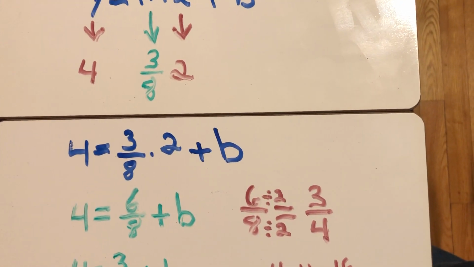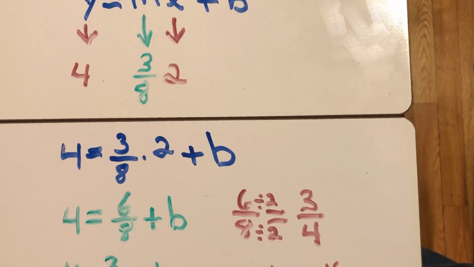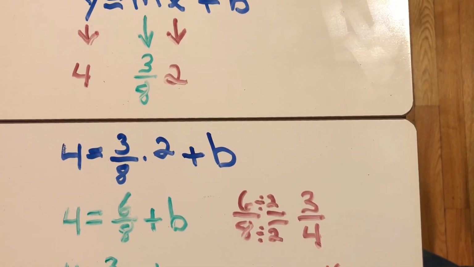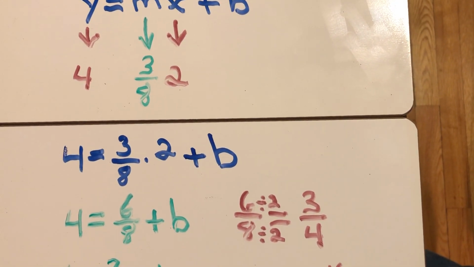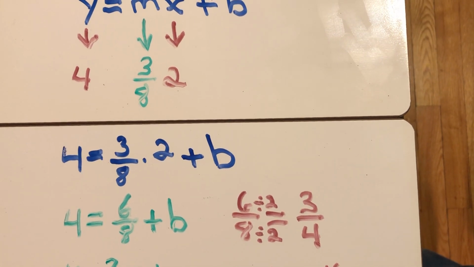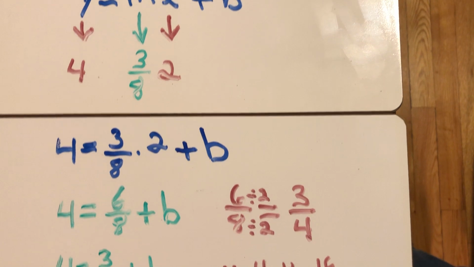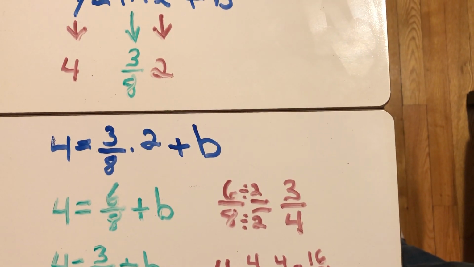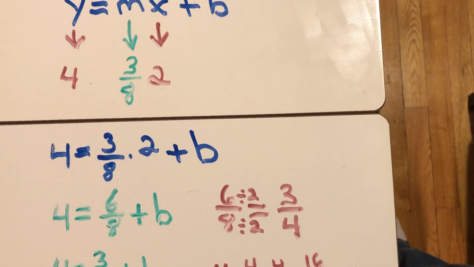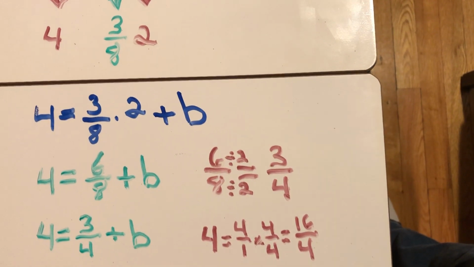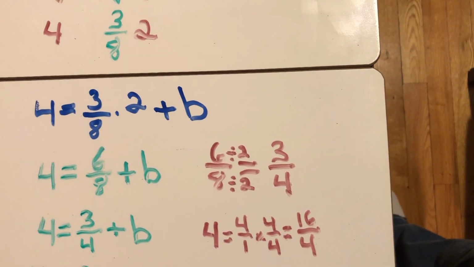They're both even numbers, so if I can divide the top number and the bottom number by the same number, I can come up with an equivalent fraction, and in this case one that's smaller. This equivalent fraction is 3/4. So instead of 4 equals 6/8 plus b, I'm going to have 4 is equal to 3/4 plus b.